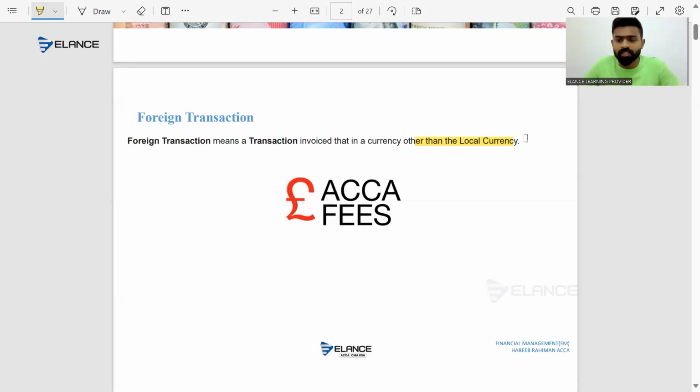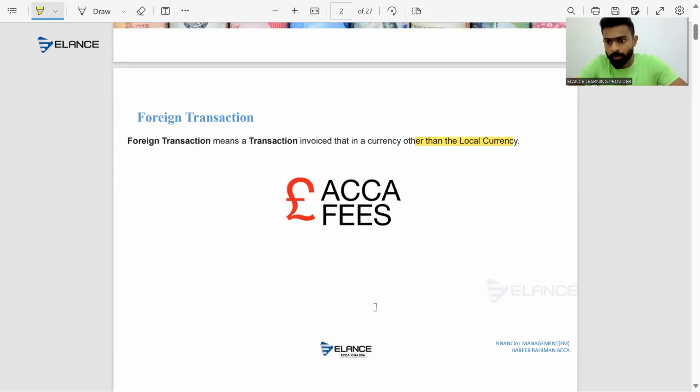Then our local currency will be Indian rupee. We sold goods to Sri Lanka, or to the US, or to UAE. Is it going to be a foreign transaction or not? What's your opinion? We bought goods from UAE or Sri Lanka. Is it going to be a forex risk?